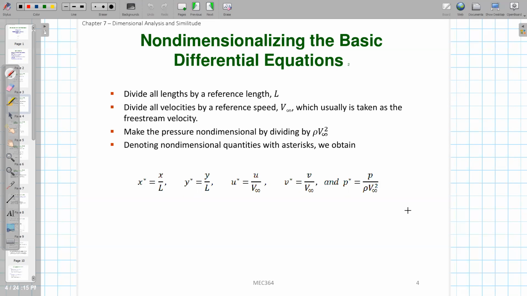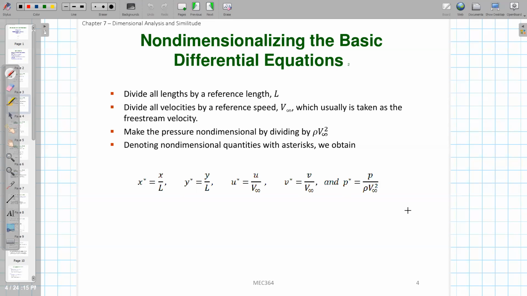The last thing is pressure. We know that pressure is kind of stress. So we can divide the pressure by rho times v infinity squared.